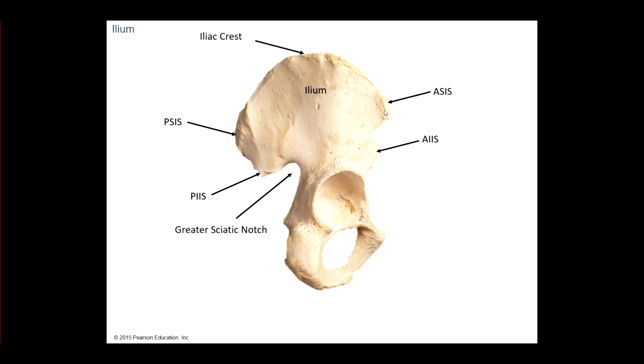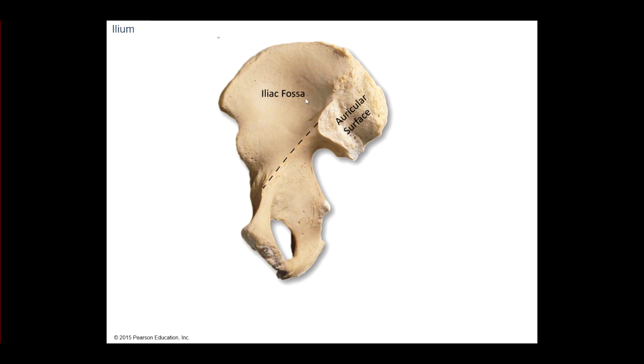Anterior superior iliac spine, anterior inferior iliac spine, posterior superior iliac spine, posterior inferior iliac spine, the greater sciatic notch, the iliac fossa, and the auricular surface.